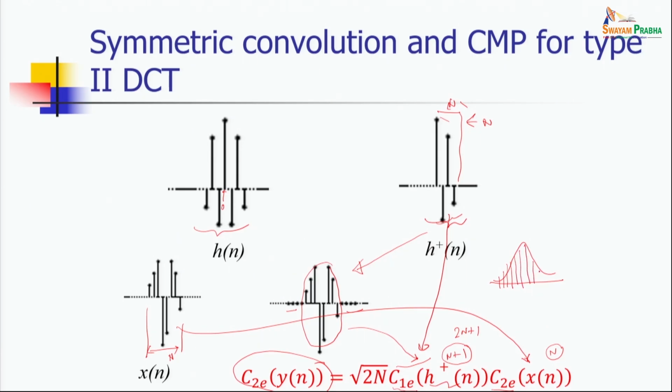So what do I need to specify? I need to specify only this part, and this part is not required. Only this part is sufficient for specification of the filter for Gaussian filtering.